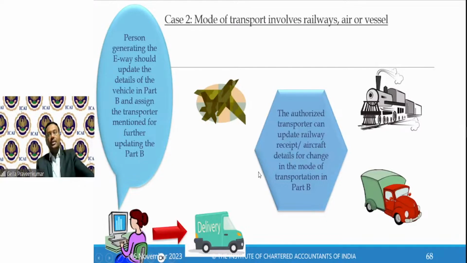When I give it to air cargo, I have to mention the AWB number, which they generally call the flight details. Those details will be mentioned in Part B of the e-waybill. At any point in time, it is the duty of the transporter to update when there is multi-mode transportation.